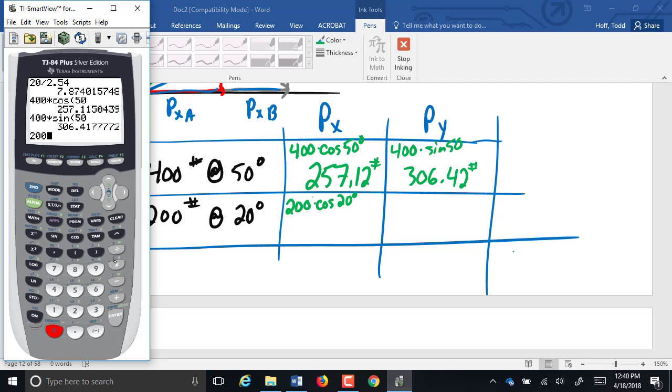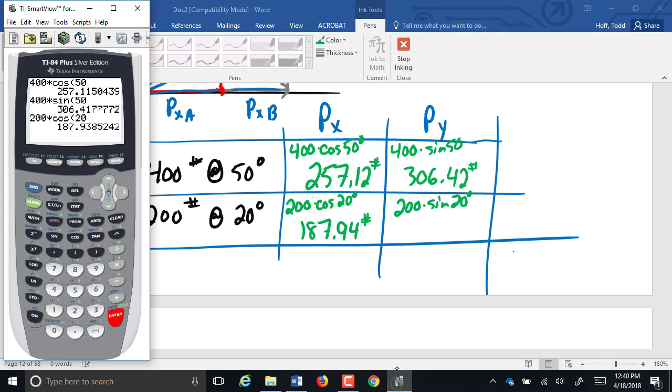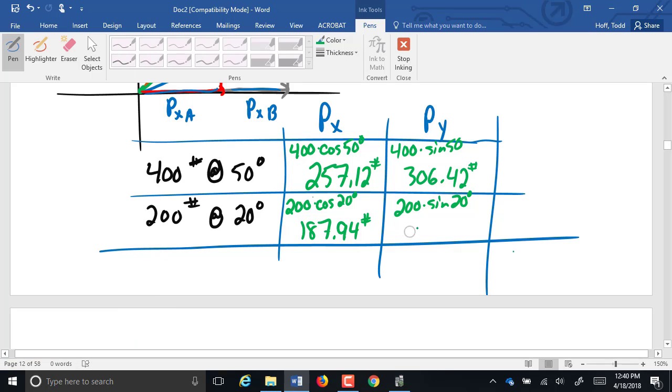So 200 times the cosine of 20. 187.94 pounds. We got 200 for the vertical component times the vertical is always the sine, yes, of 20 degrees. 68.40 pounds.